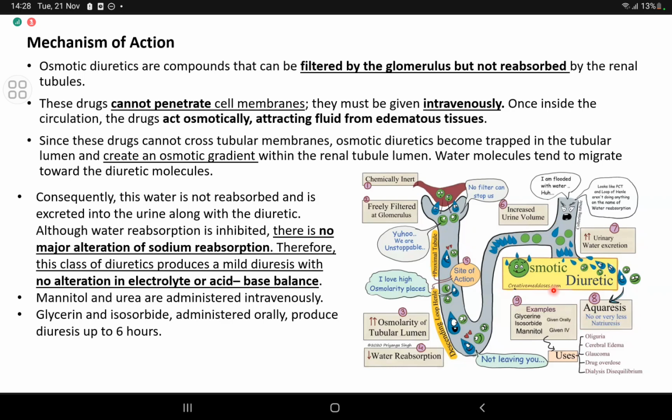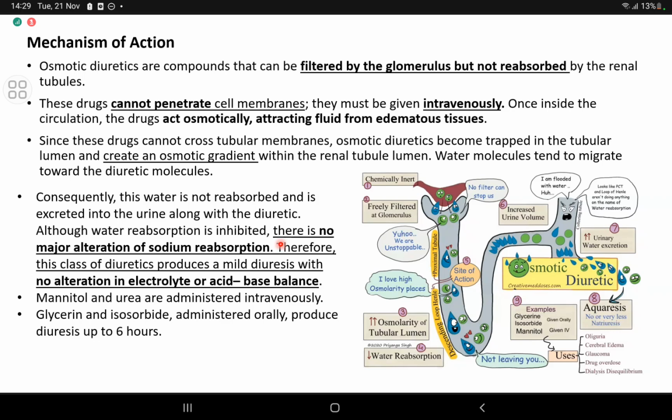Meaning that this drug is going to create an osmotic gradient. This osmotic gradient is going to capture water from your blood vessel into the tubule. By doing so, you can excrete water from your body.